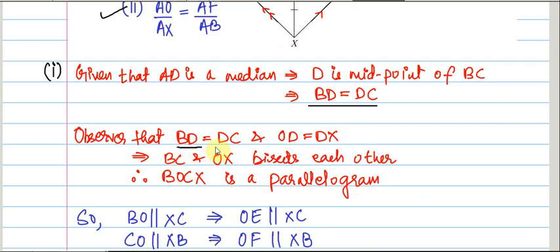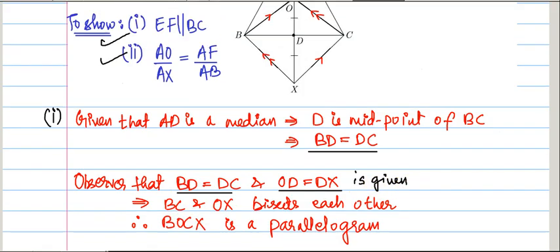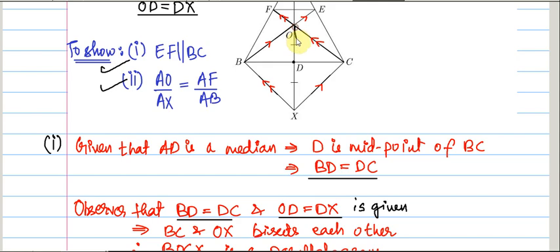Observe that BD is equal to DC, we just wrote it right now, and OD is equal to DX is given, which implies this line segment and this line segment are bisecting each other.